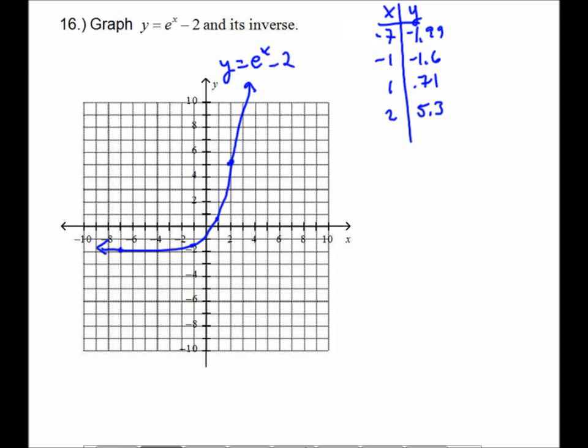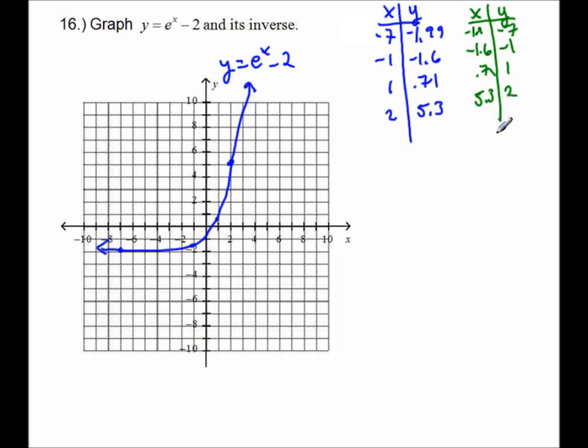Now, most of you know that to get the inverse of this, all we really have to do is switch the x and the y values. So this is -1.9, -7; -1.6, -1; 1.71, 1; and then 5.3, 2.